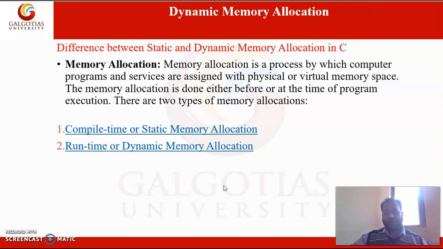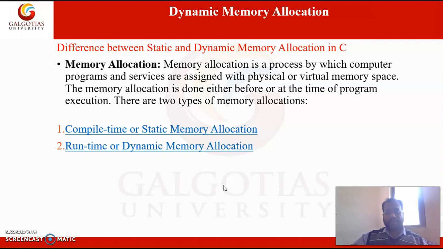Also, in this process, the variables declared in the program are allocated memory space. Whenever memory space is allocated to the declared variables in the program at compile time, it is called compile time or static memory allocation.